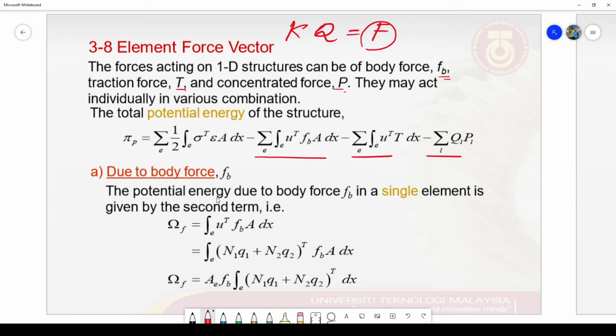The potential energy due to body force, which is labeled as FP in a single element, is given by the second term in the potential energy equation. We know that u equals N1 Q1 plus N2 Q2, so we substitute this expression into the second term of the potential energy equation, then expand it.